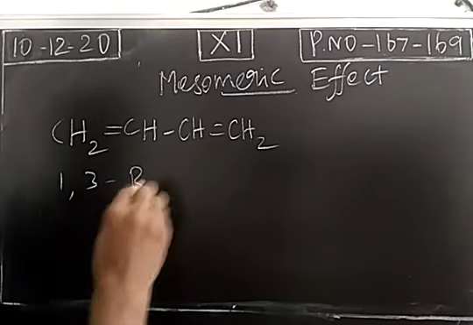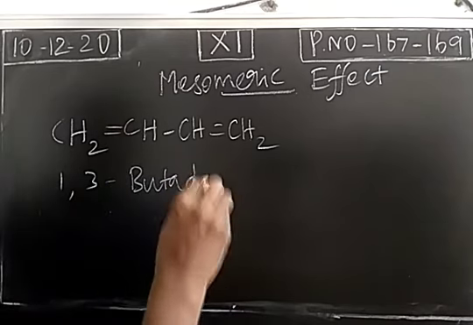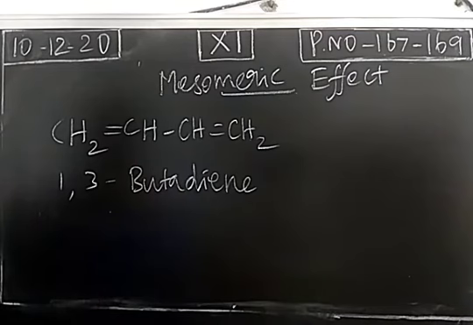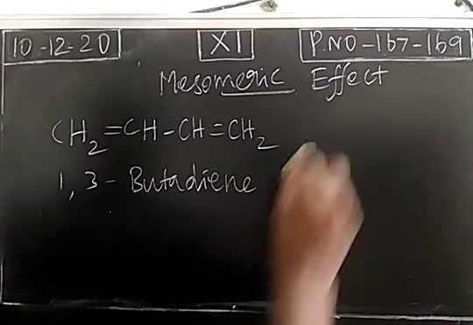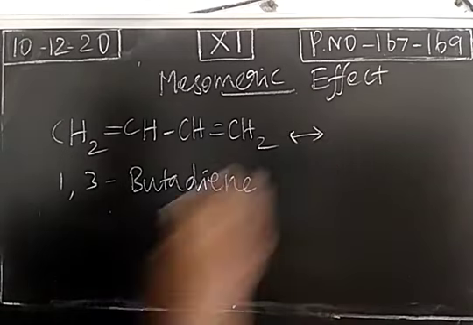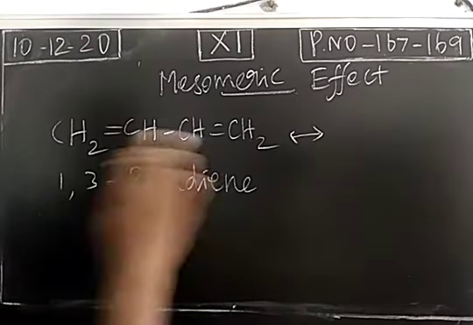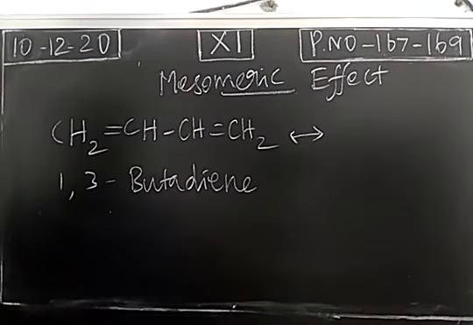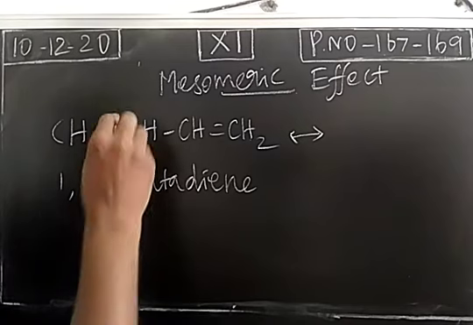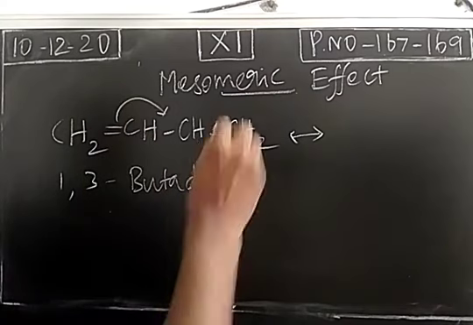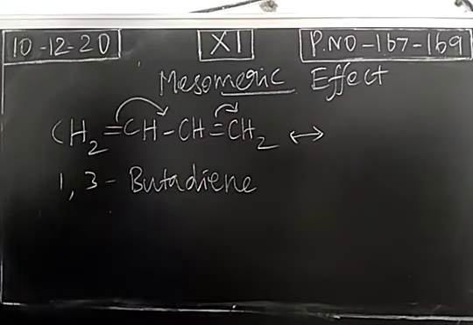1,3-butadiene. Now there will be mesomeric effect in this. So we have two pi electrons. Due to the shifting or delocalization of pi electrons, more than one structure can be written.